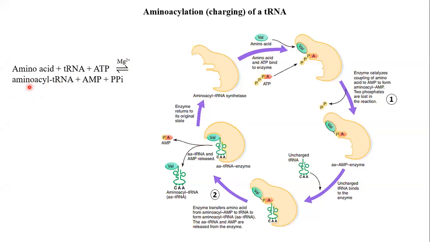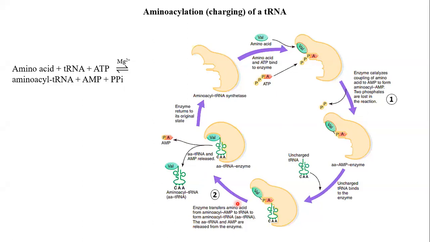Transfer RNA gets attached by this amino acid and in the process this ATP gets converted into AMP and pyrophosphate. Now here I said that these 2 steps of the reaction are important, and we'll see in detail what happens chemically.